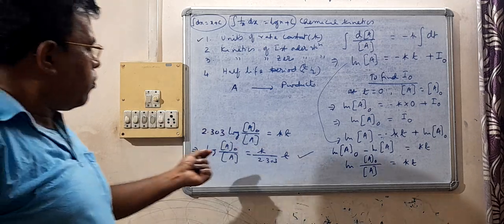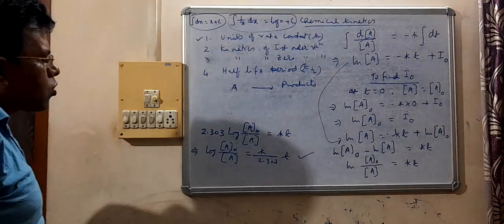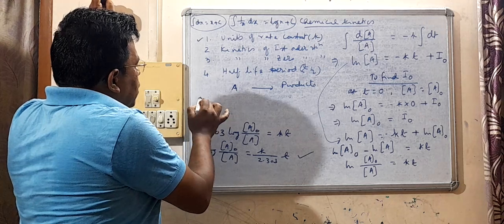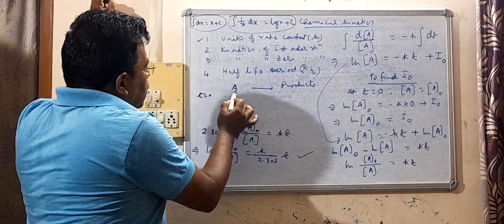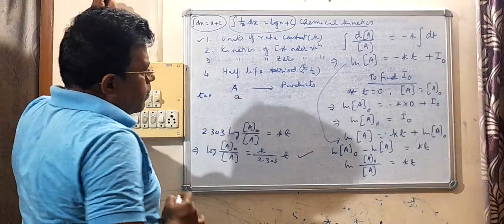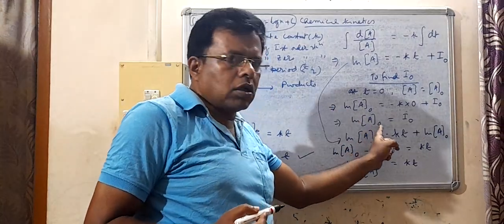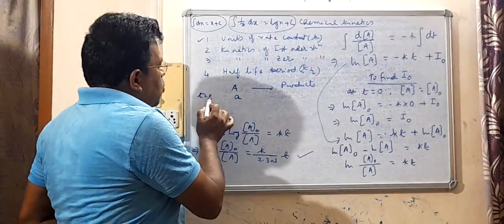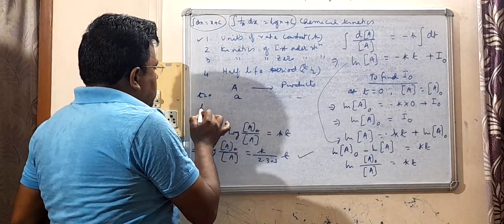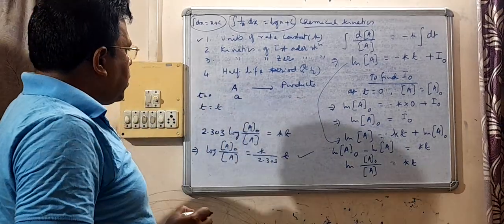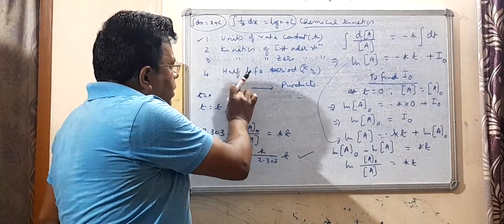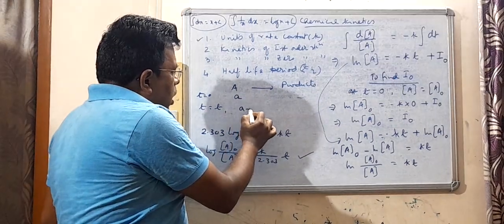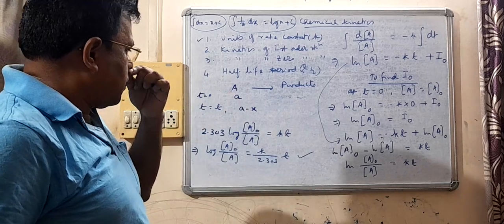Okay, now one more form we have which is very common in case of first order reaction. The initial concentration we have taken as A naught. Suppose let us also represent it by small a, and at time t equal to 0 there won't be any product. Now at time t equal to t, suppose x amount of this reacts. So if x amount reacts, a minus x will be left behind.